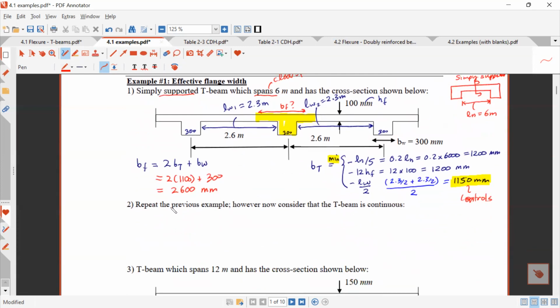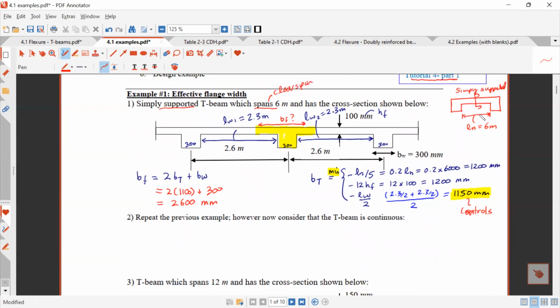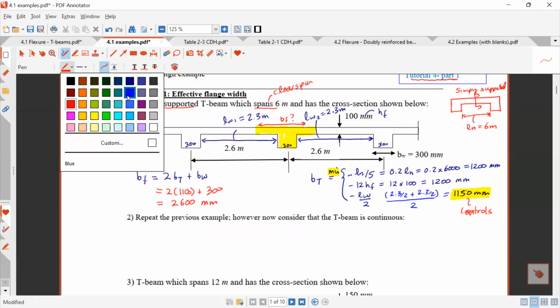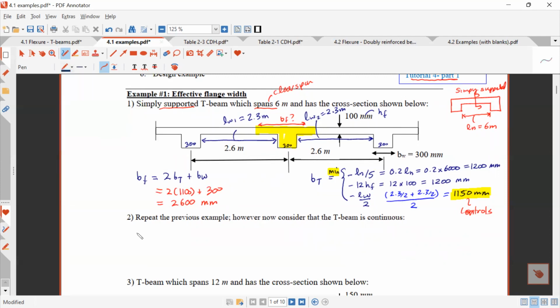Let's do another variation. So repeat the previous example. However, now consider that the T-beam is continuous. So instead of being simply supported like this, it's a continuous beam. Okay, what's going to be different? So this formula is the same. BF is still 2 times BT plus BW, but the way we calculate BT is slightly different.